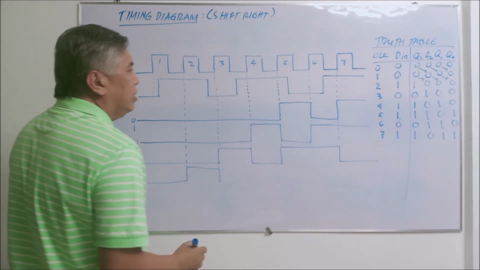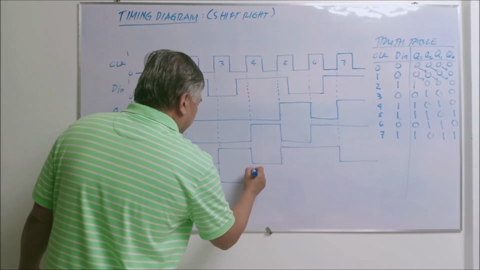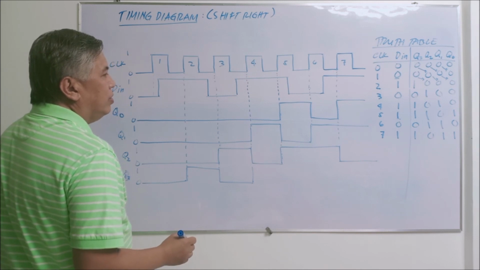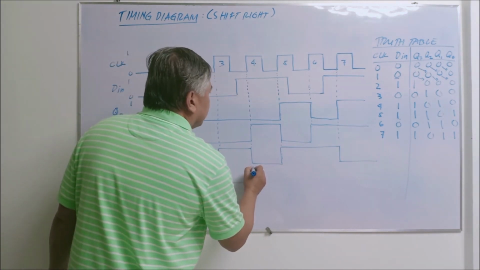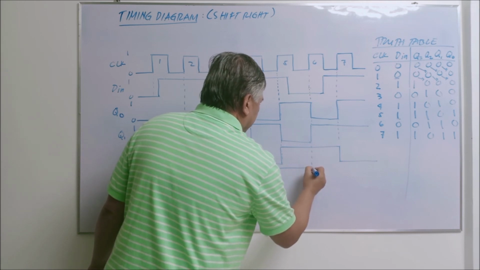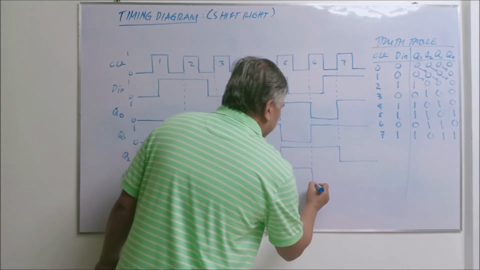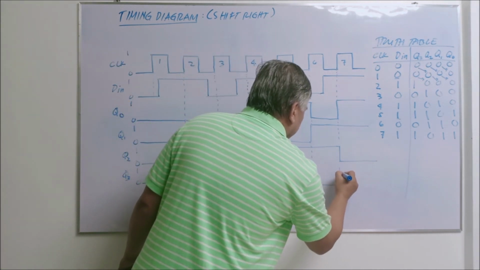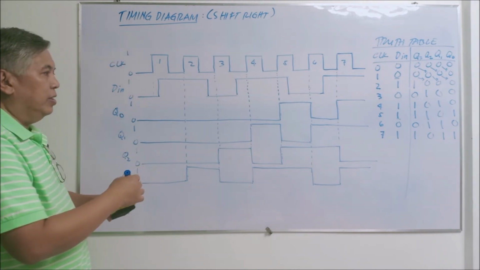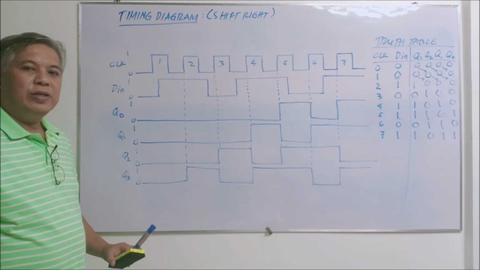And then, 1 again on the 4th. Okay. And then, 0 on the 6th. This one. It becomes 0 there. And then, 1 on the 7th. So that will be your Q sub 3 timing diagram.